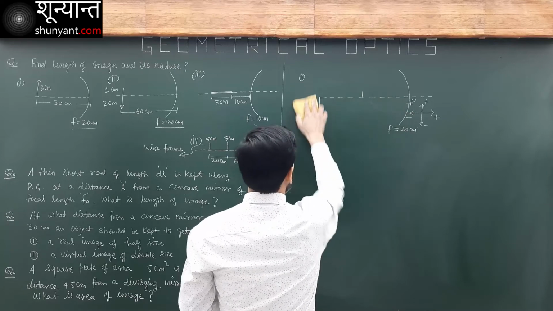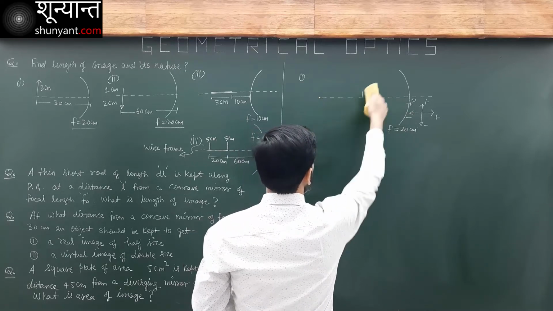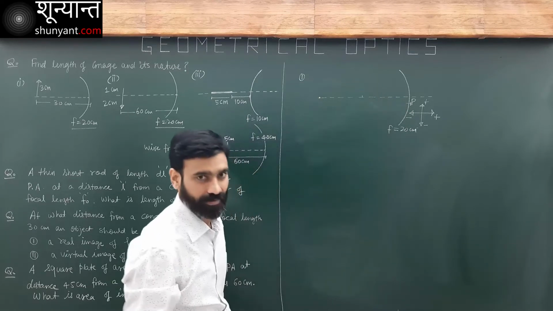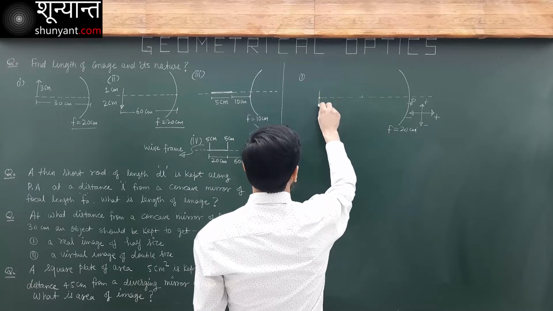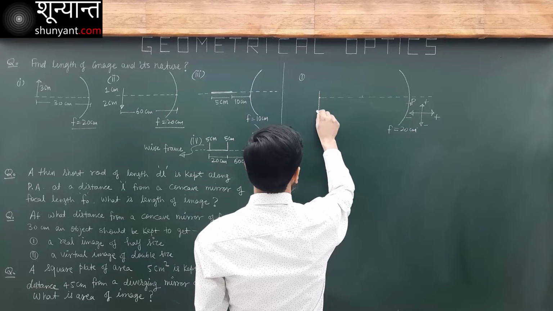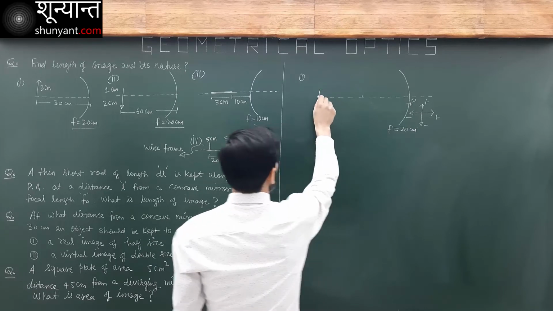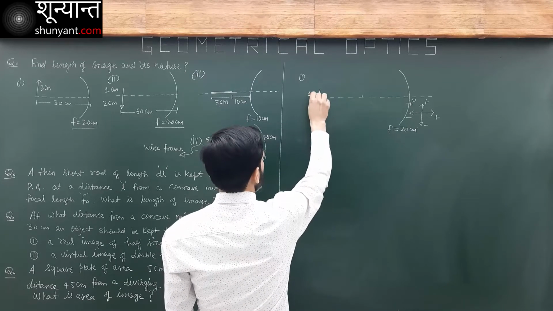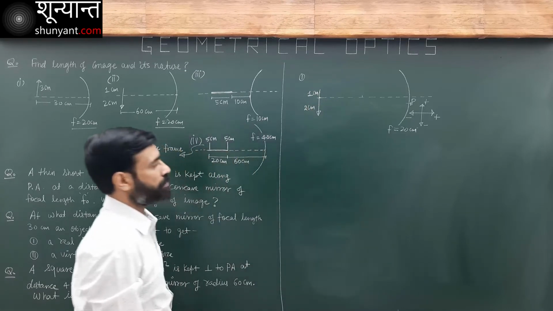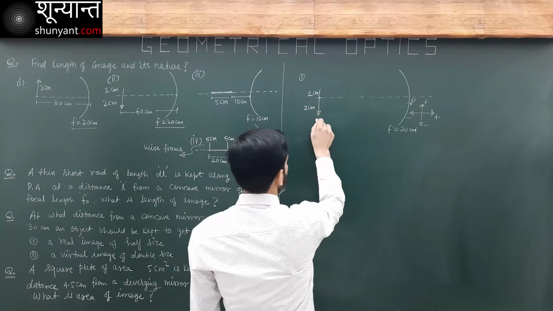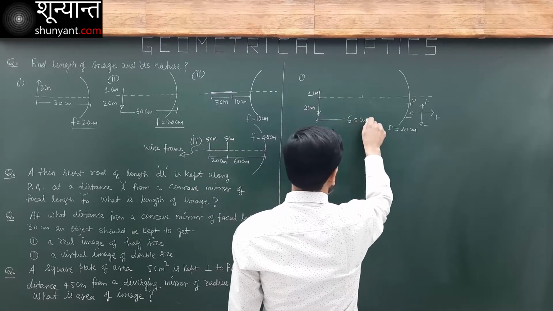Now some part of the object is above the principal axis and some part below it. Try to get your answer yourself. Let's see if you can get the correct answer. Now 1 centimeter is above, and this 2 centimeter is below it. This whole distance is 60 centimeter.